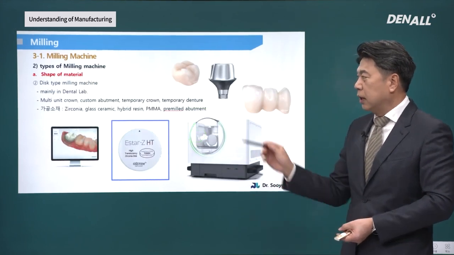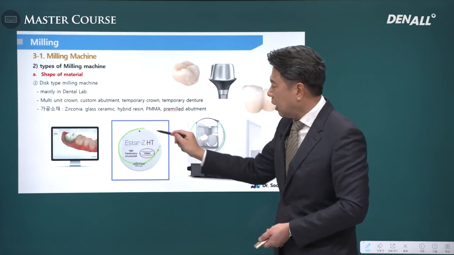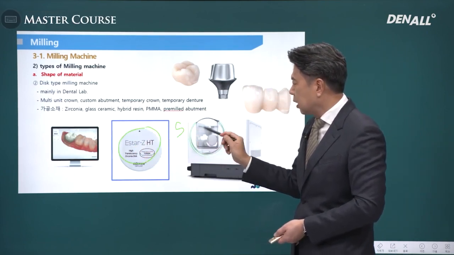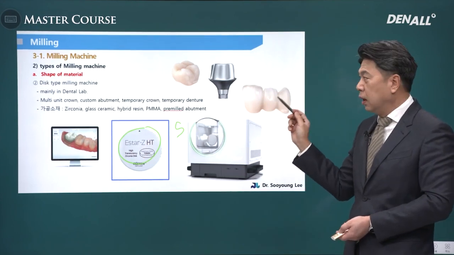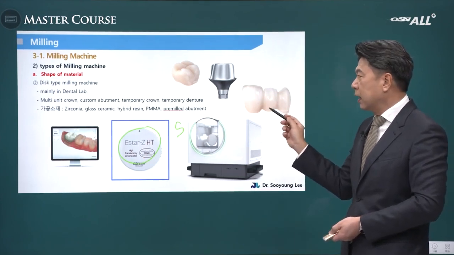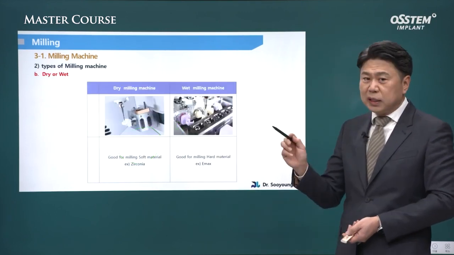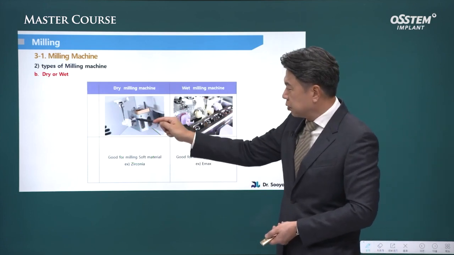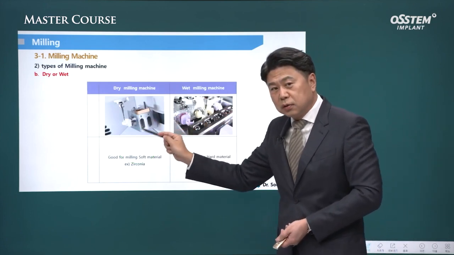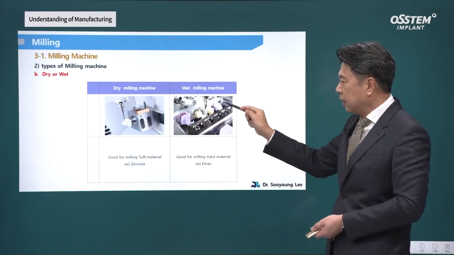When discs are used, the 5-axis milling machine is used. This is used often to mill final restorations with zirconia or temporaries with PMMA. Dry or wet types. Here, water is sprayed, and here there's no water, so this is the dry type. When water is sprayed on, it is a wet machine.